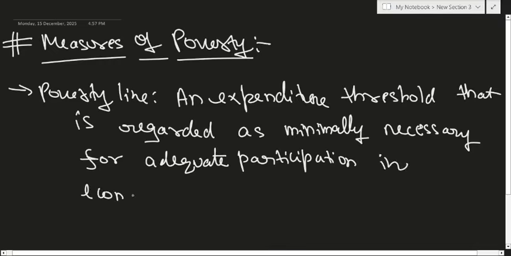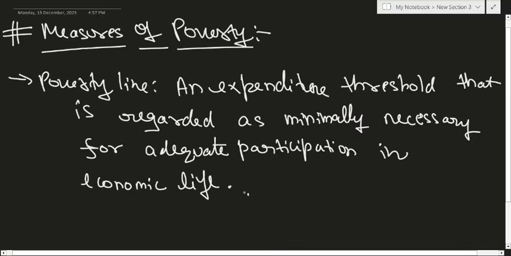So basically, you can interpret it as a minimum basic level of expenditure. Poverty line, which is an expenditure threshold that is regarded as minimally necessary for adequate participation in economic life.